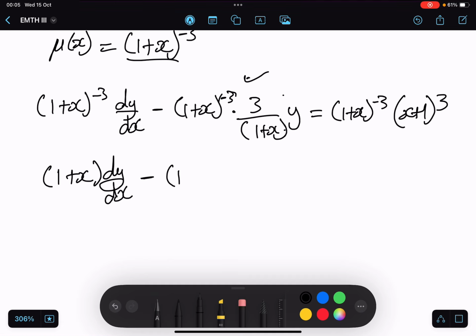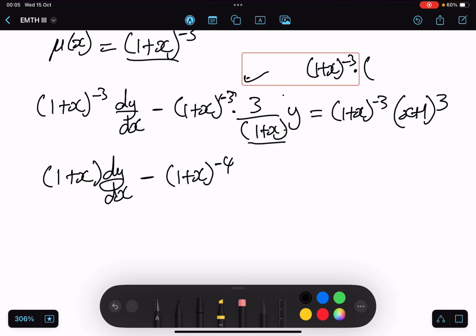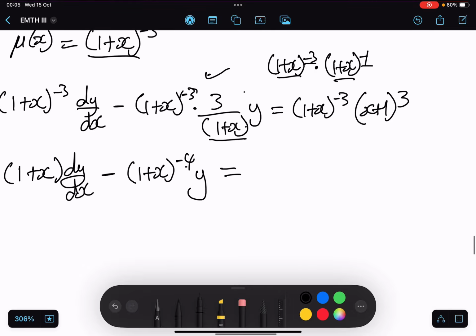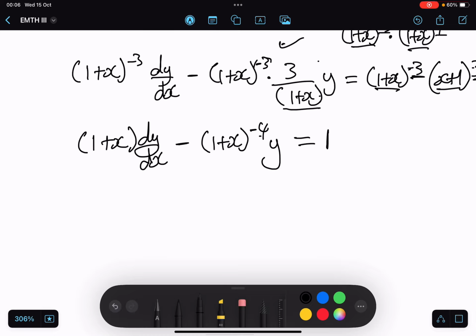So we get (1 plus x) to the power minus 4, because here we have (1 plus x) to the power minus 3 times, if you bring the denominator, (1 plus x) to the power minus 1. Same base, you add the powers, and it's minus 4y. This is equal to, and here same base, you add the powers, minus 3 plus 3 is 0. So (1 plus x) to the power 0 is 1.